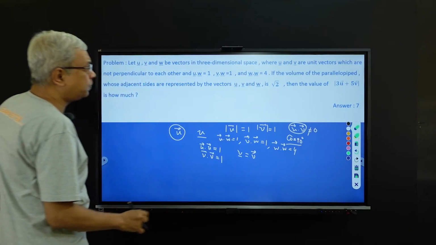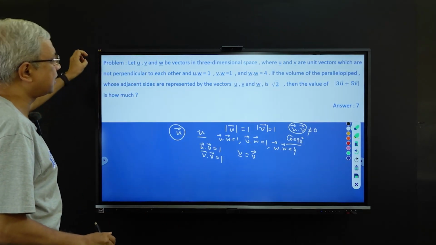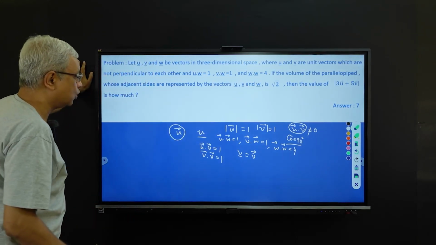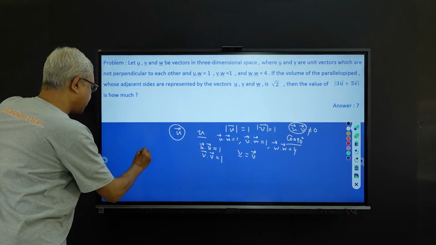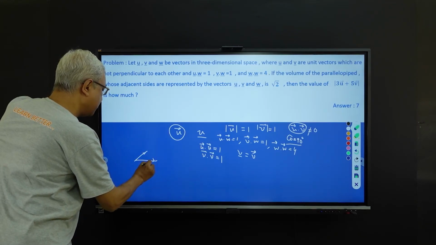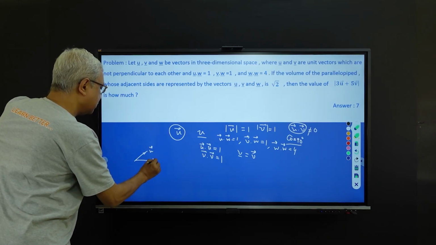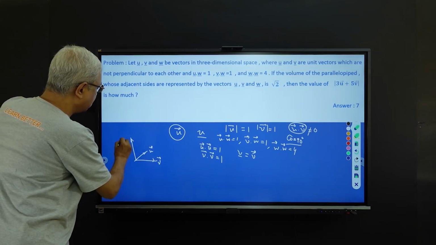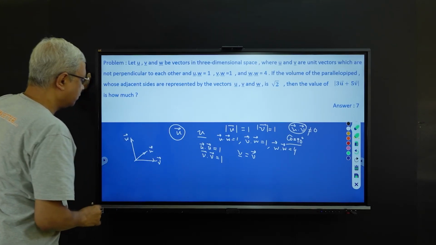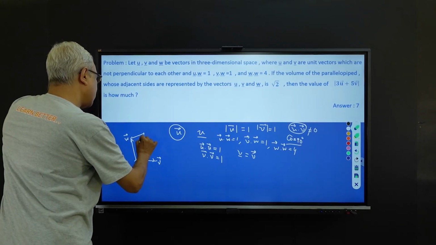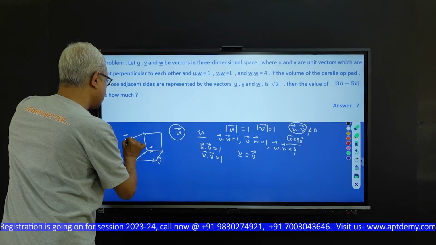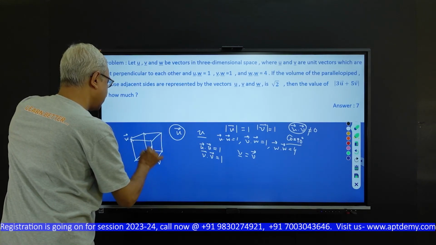If the volume of the parallelepiped whose adjacent sides are represented by vectors u, v and w is root 2. That means, this is u vector, this is v vector, and this is another vector w. So the volume of the parallelepiped formed by these three vectors is something like this.